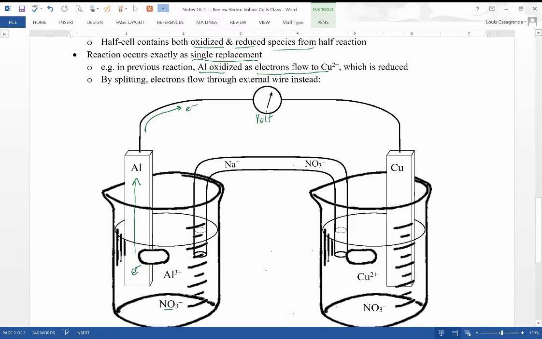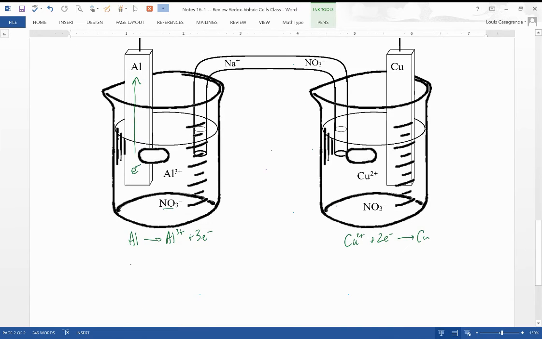And so the electrons are going to transfer. You're going to draw the electrons transferring from one electrode. The metal is called the electrode. So this has an aluminum electrode and a copper electrode.